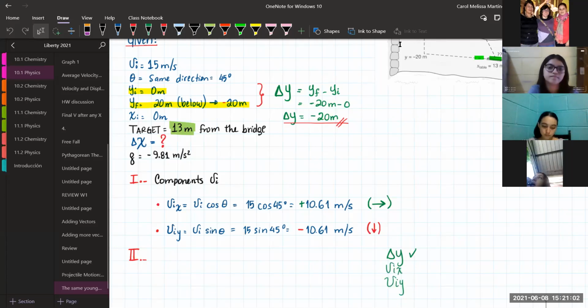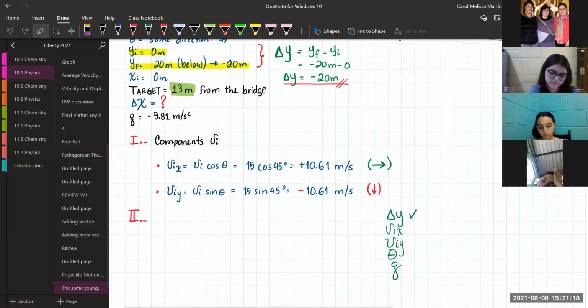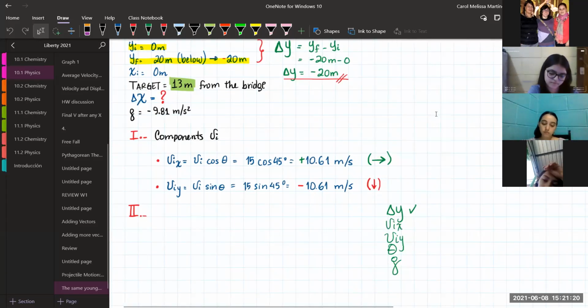We have the initial velocity without its components, we have the angle, and of course we have the gravity. So according to everything I have, I need to analyze what formulas I can use. I don't have the time, so let's analyze the formulas that I gave you the other day.